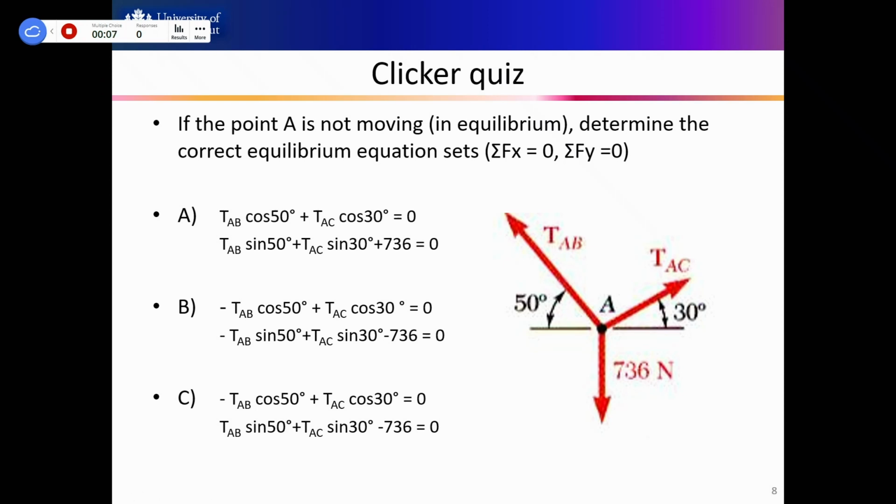So the first row is the Fx equation. The second row is the Fy equation. And here, what is the x component? It's cosine or sine of the given angle. And consider the direction too. Is this positive x, and is this positive or this positive y?